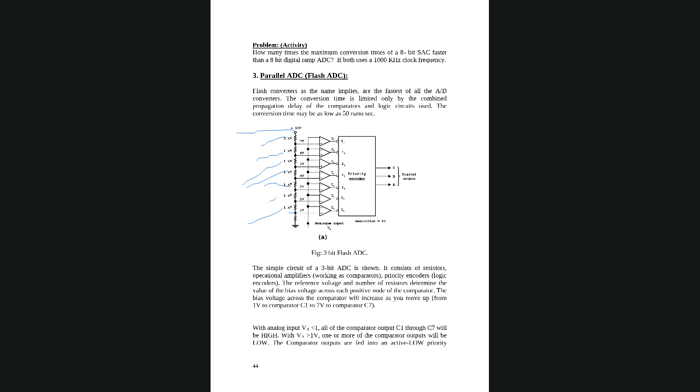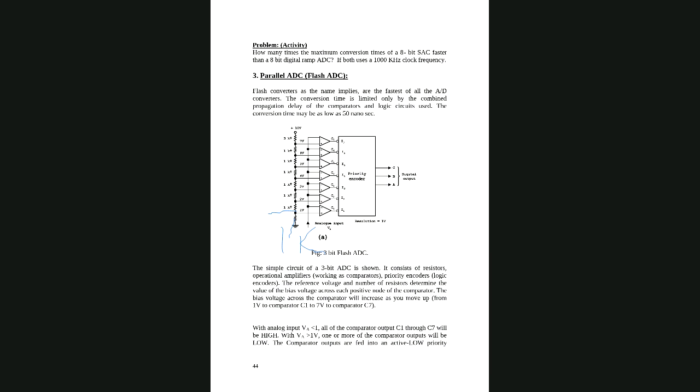If I apply the voltage divider rule, what is the voltage here? This resistance is 1 kilo ohm. On the top we have 3 kilo.